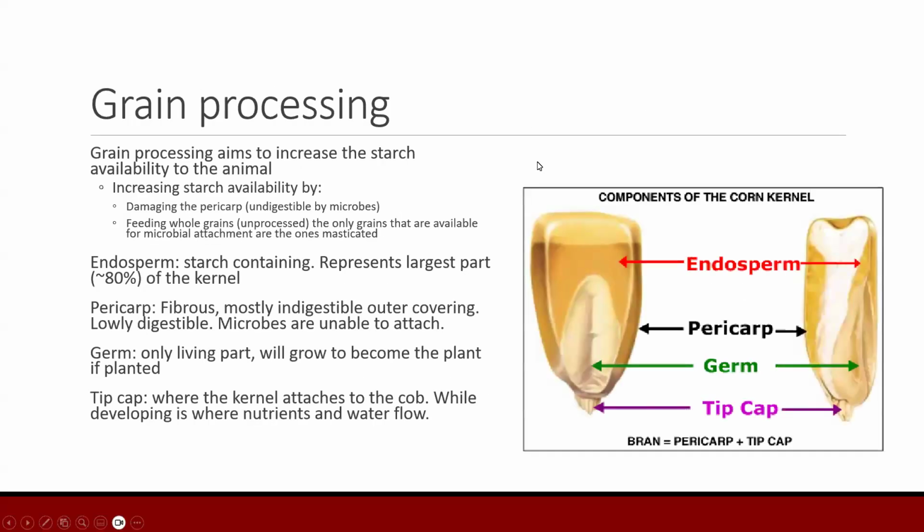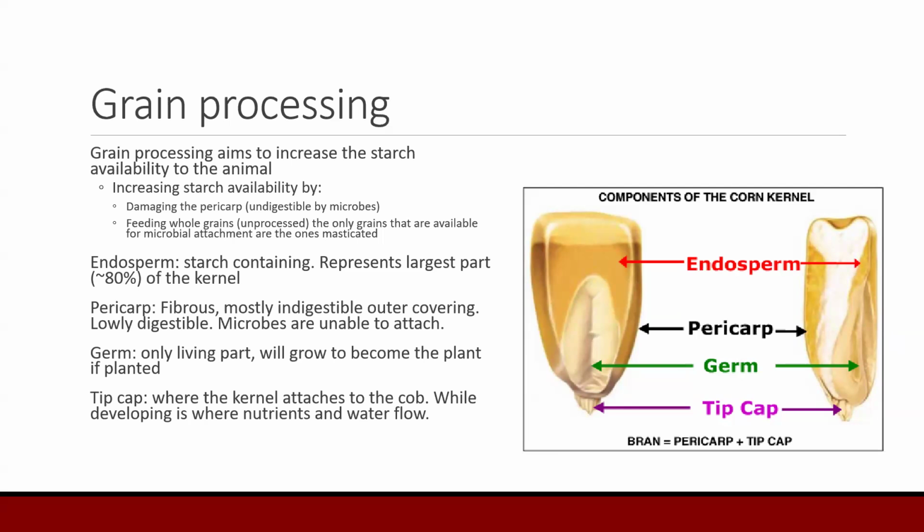Okay, so grain processing. We do that because we want to break the pericarp and expose the endosperm. That pericarp is very fibrous, has a lot of structural fiber that microbes can't attach to.